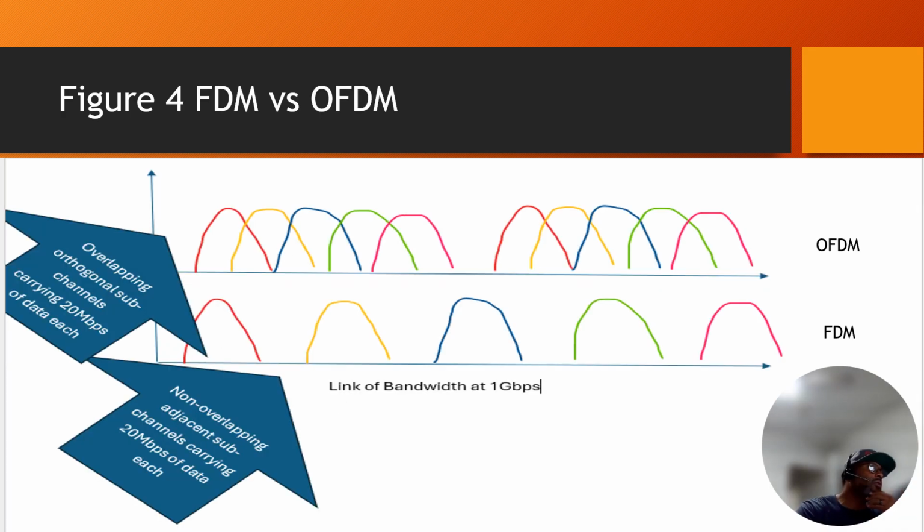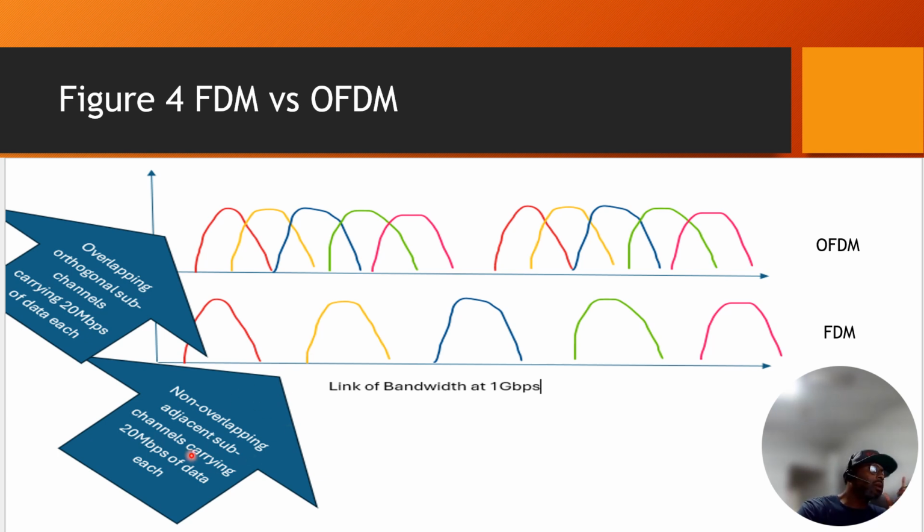And looking at figure 4, the bottom arrow represents a link of bandwidth at a gigabit per second. Just above that is a representation of FDM showing non-overlapping adjacent subchannels carrying 20 megabits per second of data each.